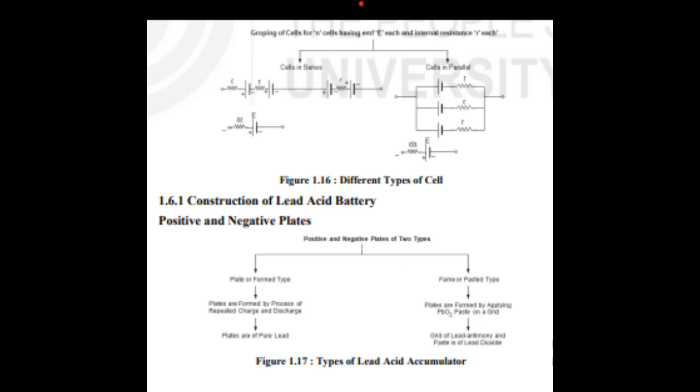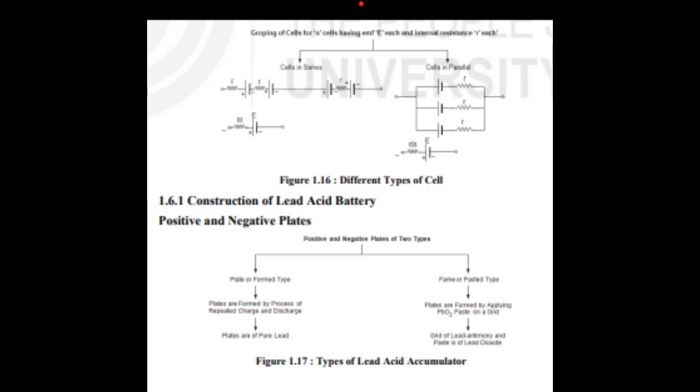Assuming incoming currents as plus and outgoing currents as minus, we have the algebraic sum of currents meeting at junction A as I minus I1 minus I2 minus I3 is equal to 0, or I1 plus I2 plus I3 is equal to I, i.e. I is equal to I1 plus I2 plus I3.